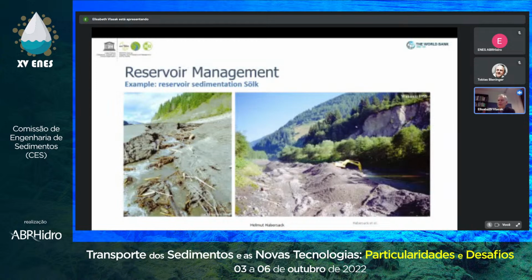To give you the example which I started with on the first slide, this reservoir Sölk, what you can also do is to have, let's say, a two-chamber reservoir. In the upper part, you have a reservoir where the coarser material is deposited. Now, either you have a sediment bypass or you would have to dredge and redump it downstream if possible.